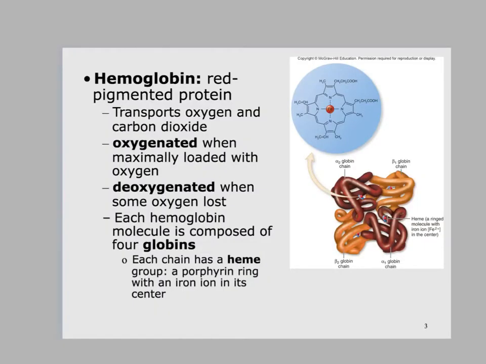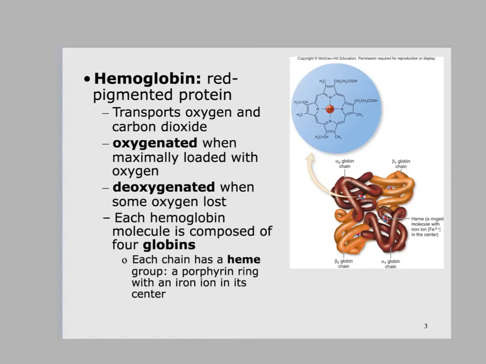So, the important molecule in these red blood cells is hemoglobin. Okay? Hemoglobin gives red blood cells their color. It's a red pigment molecule. Okay? Red pigmented protein. It consists of four peptide chains that are fused together.